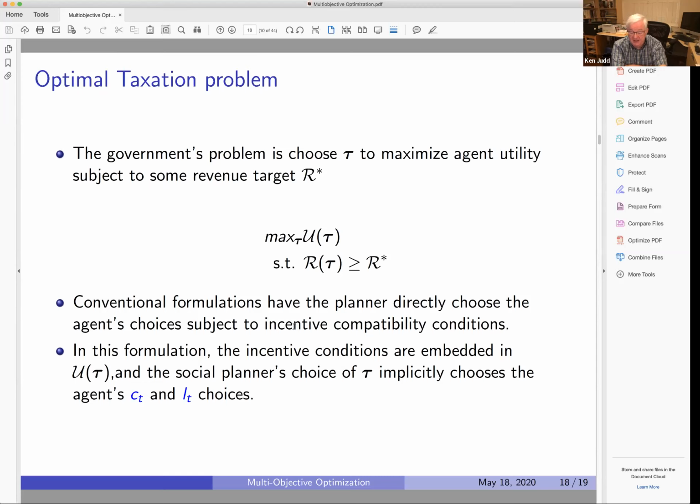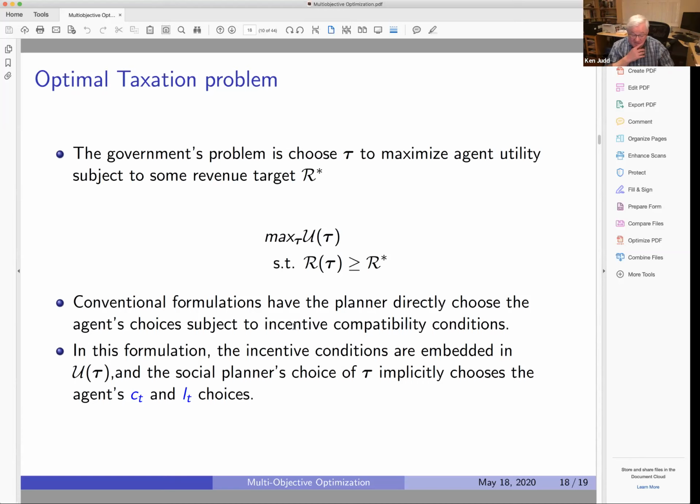In fact, the revenue function can easily be a discontinuous function of the tax parameters. By the way, if you wrote it down in the conventional fashion, your utility term would be your conventional utility function, nice and concave. But then all the nasty stuff is in the constraints, and your constraints need not be convex, need not even be connected. It's ugly.